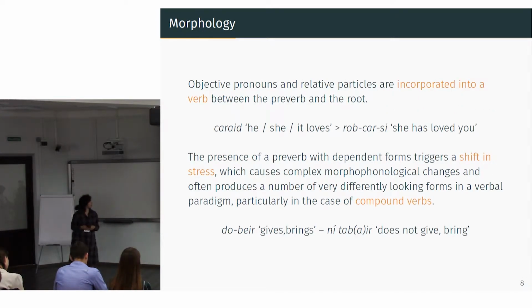Another problem is infixed pronouns. Here is a very nice example of the verb "kadif," he, she, or it loves. It's the dictionary form. We don't have the infinitive in Irish, so the dictionary form is third person singular.